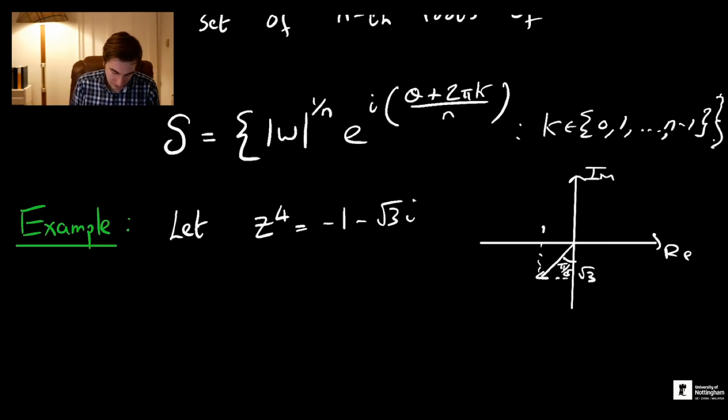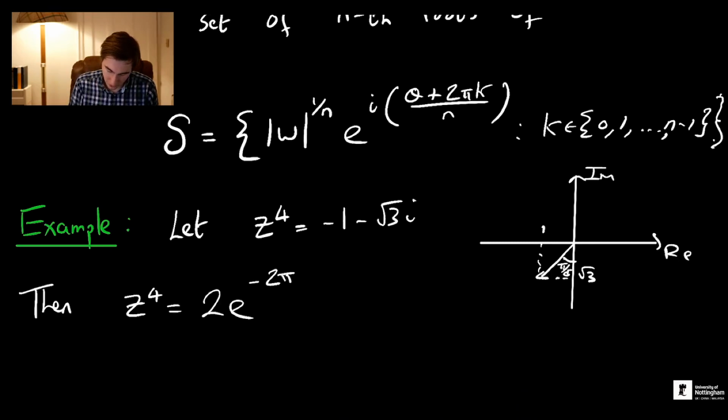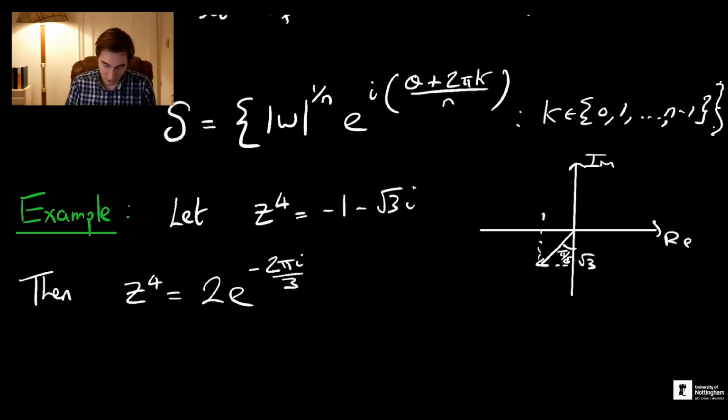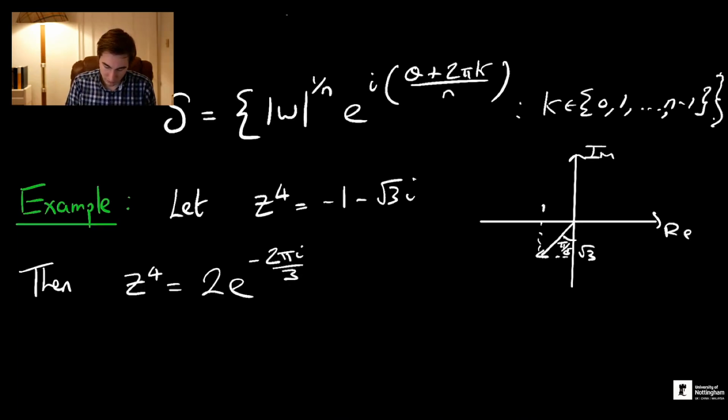So we can write z to the 4 as equal to 2e to the minus 2 pi i over 3. We've already seen that we can write it in that form, because again the modulus here is 2, because we take 1 squared plus root 3 squared, square rooted. So what is our solution set, or what is our set of roots to this equation?